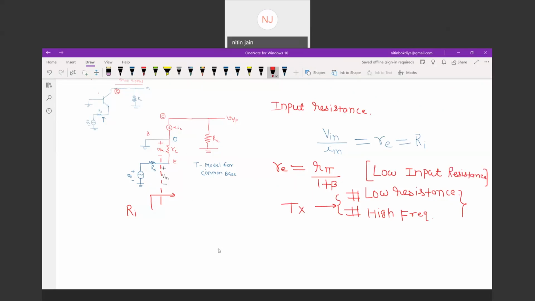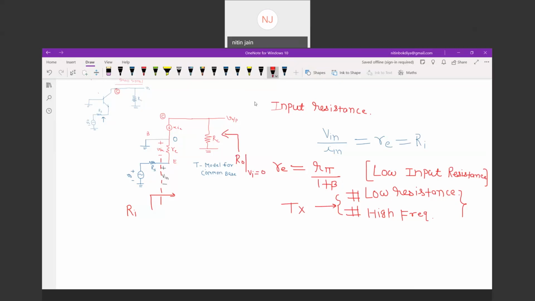So output resistance is fine. What is output resistance? By looking at this terminal, by making V in 0. The resistance we get by making the input 0, that resistance. Why did we make the input 0? Because VB is responsible for making the output.